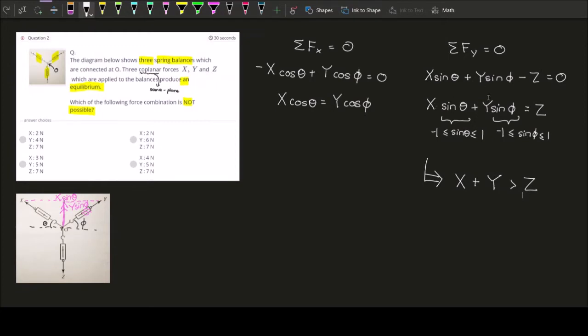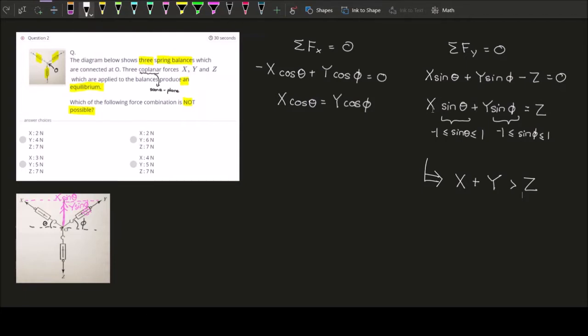Because if x plus y is less than z already, then if you multiply by this sine theta, you multiply by this sine phi, the number will be even smaller because the maximum is 1. It means the maximum is x. You can only go smaller than x.